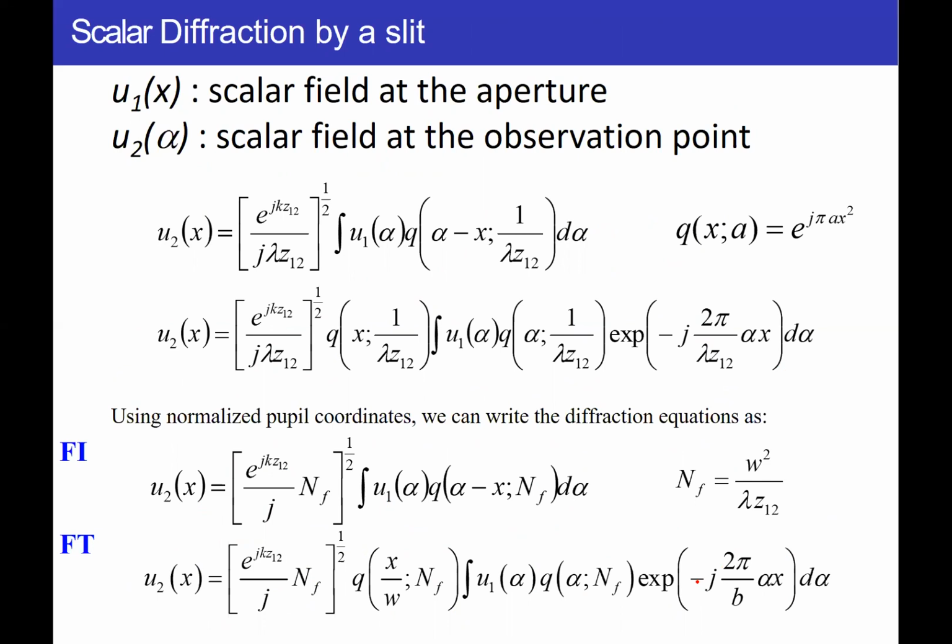And then let's make the problem a little bit simpler. We are going to talk about a slit rather than an aperture, a one-dimensional slit. And we are going to change the variable such that U1 and U2 are the scalar field at the aperture and the scalar field at the observation point.